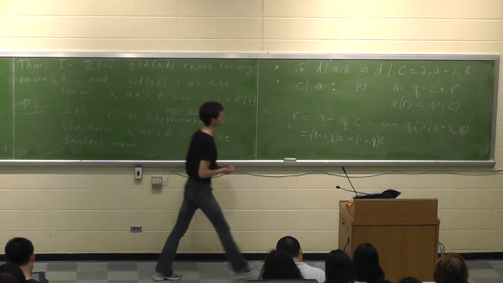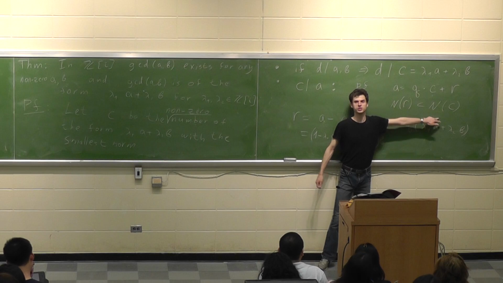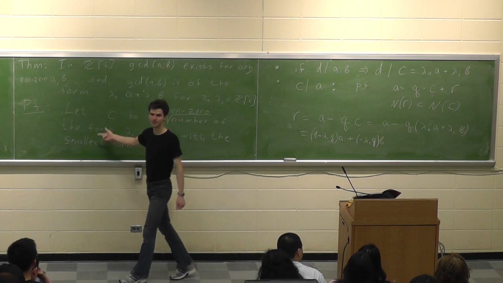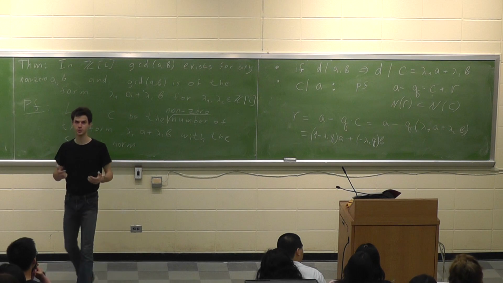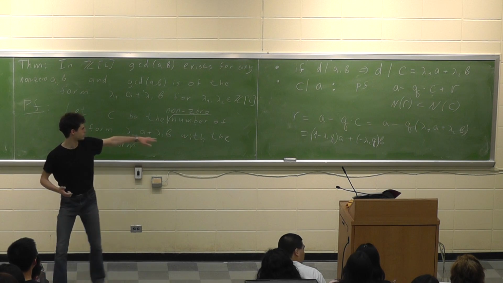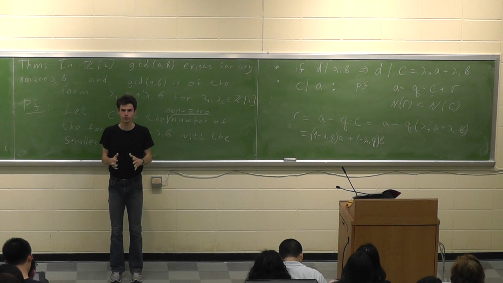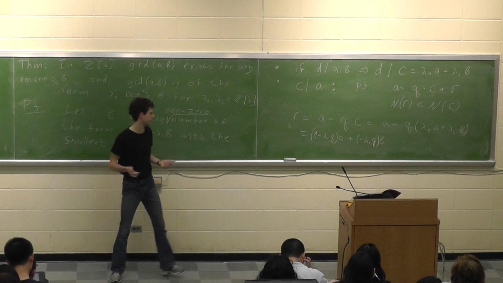But its norm is smaller than the norm of C, because it is the remainder. Well, it must be equal to 0, because C was the number of such form with smallest possible norm. If something has even smaller norm, it must be equal to 0.